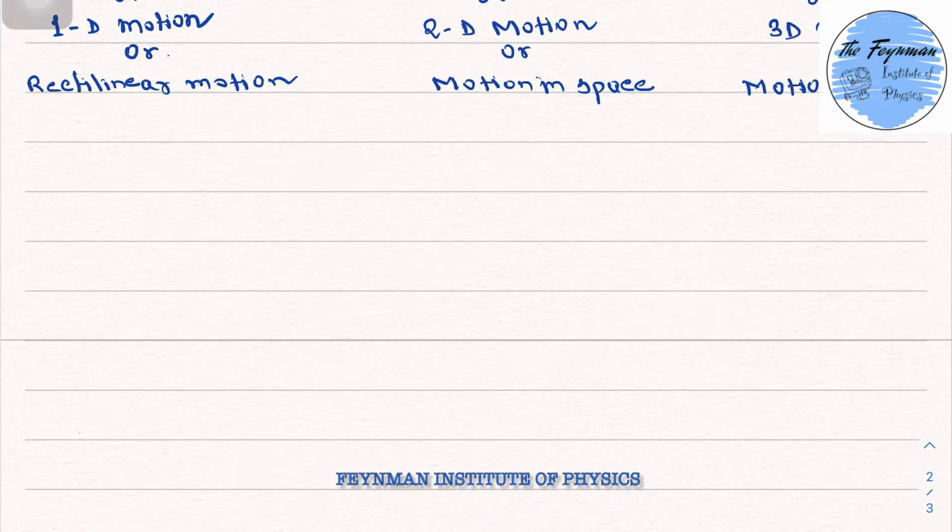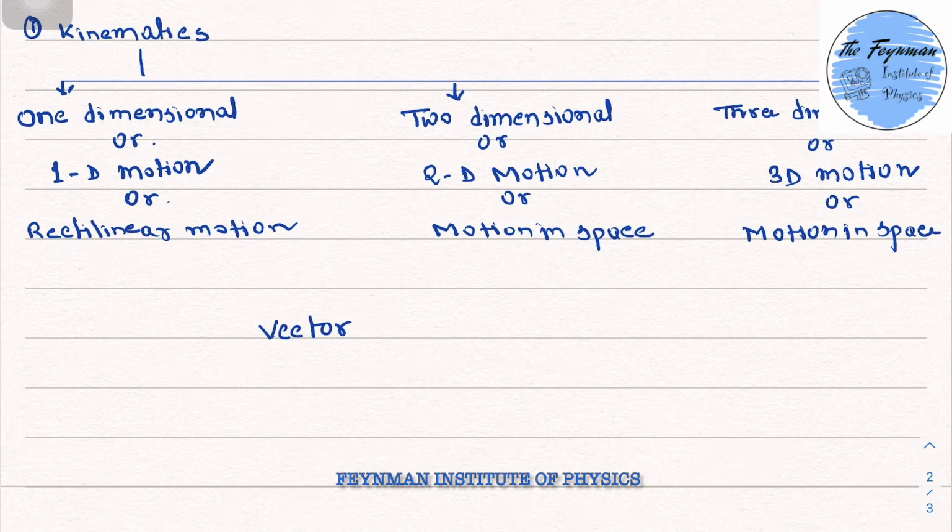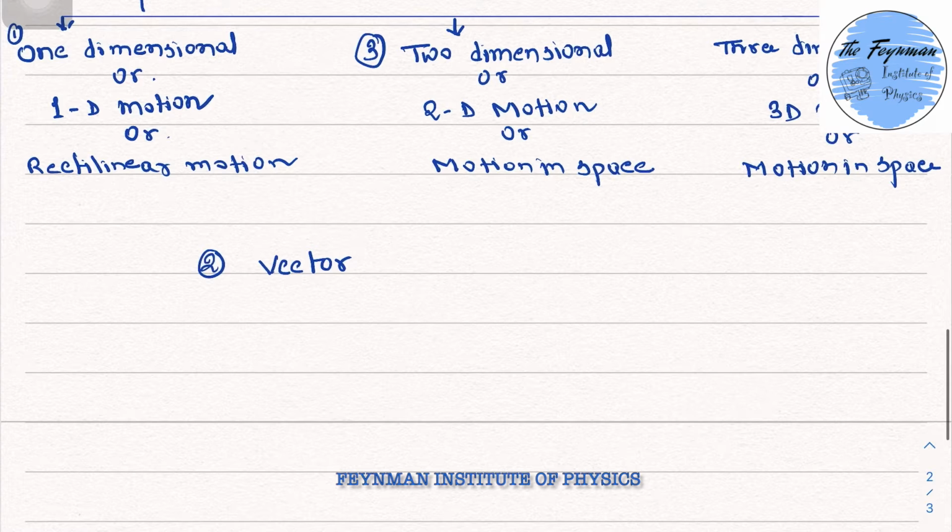But between one-dimensional motion and two-dimensional motion, we will have vector as our second chapter. So this one will be our first chapter, vector will be our second chapter, and this one will be our third chapter in the module kinematics. Because during the study of one-dimensional motion, it is quite easy to denote the direction in which the particle or body is moving, as it can move only forward or backward, right or left, up or down.